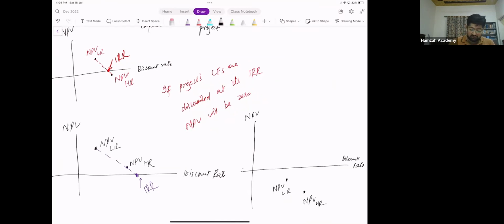It might be possible, both are negative. Then this is IRR. Note down these three diagrams, and if you feel there is any confusion, please ask.